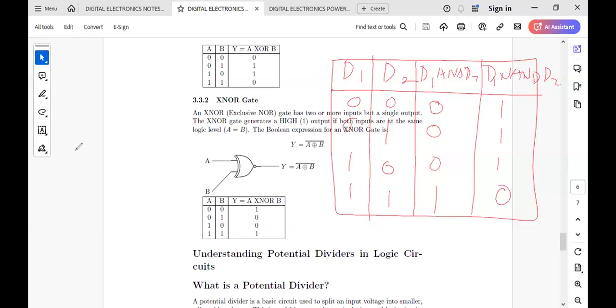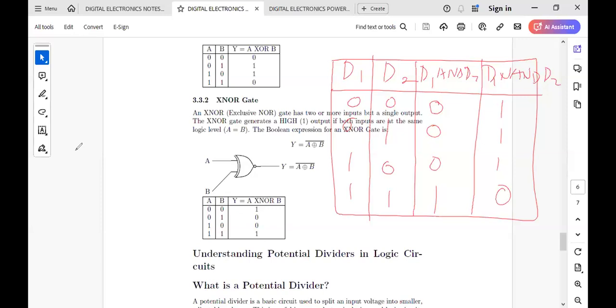So the alarm will be off only if both doors are closed. When both are open, we have a 1; the alarm will be on. When one is open, we have a 1; the alarm will be on. When one is closed and the other open, we have a 1. But when both are closed, we have a 0, so the alarm will be off.